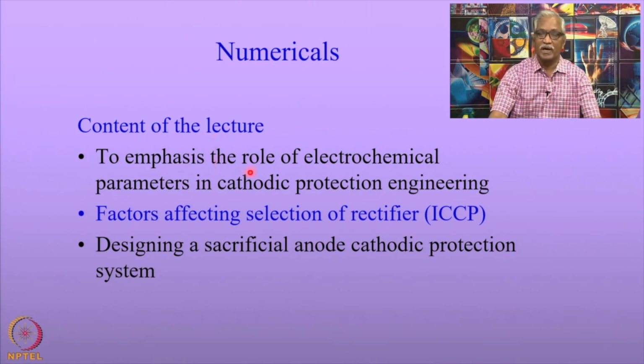We will first look at the electrochemical concepts in relation to cathodic protection engineering. Then we will move on to the application of electrical engineering concepts in the selection of a rectifier for cathodic protection engineering. Then we move on to the design of a cathodic protection system using sacrificial anodes.